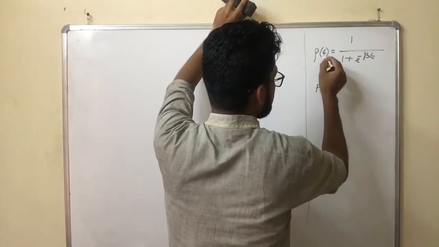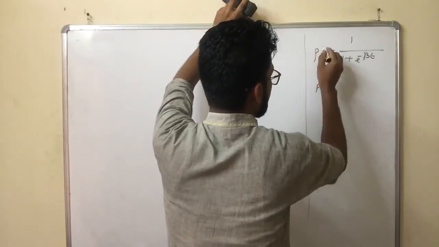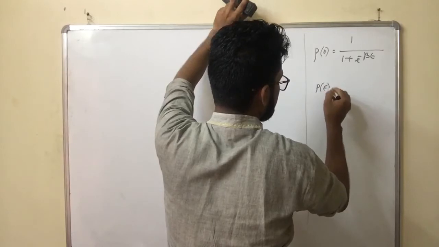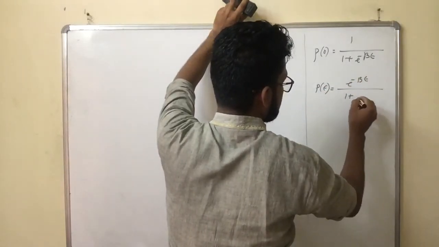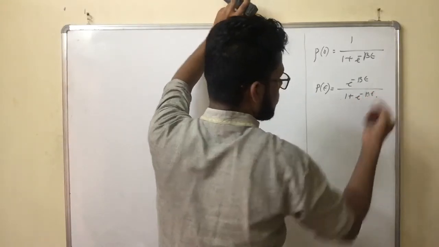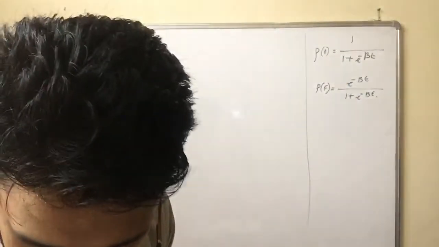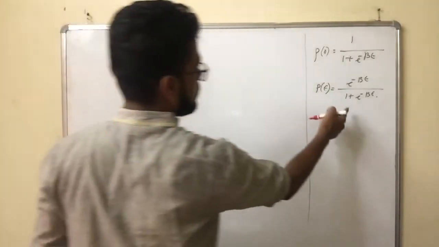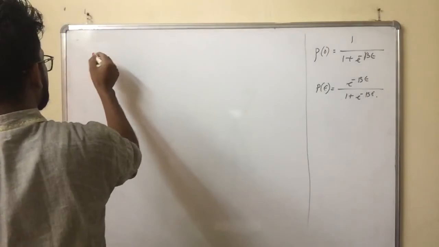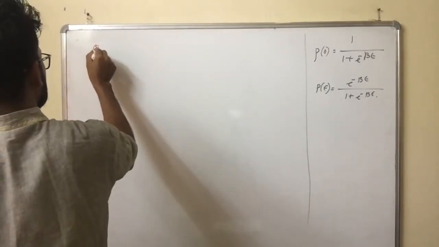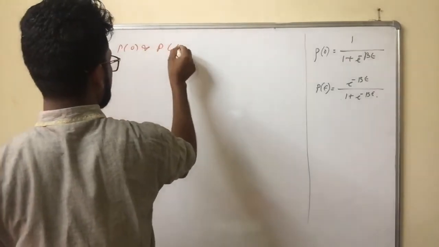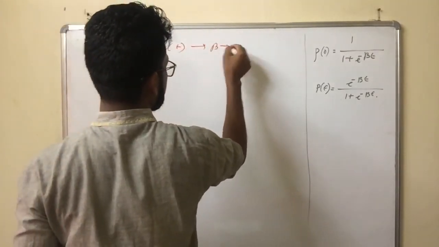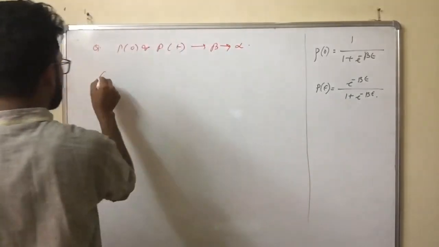And P is equal to e to the power minus beta E over 1 plus e to the power minus beta E. Okay, this is the probability. Now the condition, according to the question, is the probabilities P0 and P when beta tends to infinity. Now case 1.